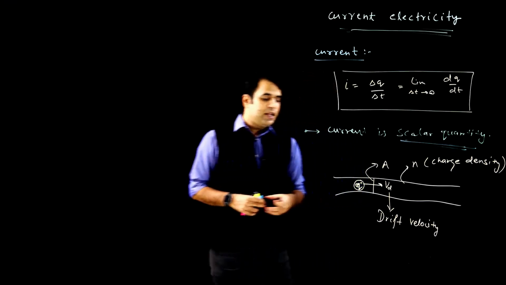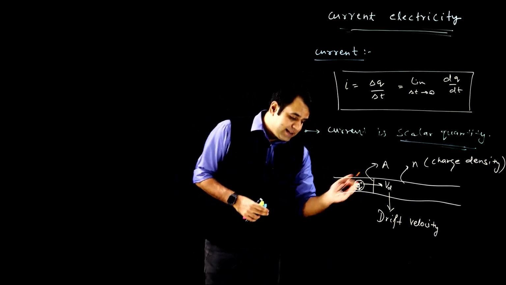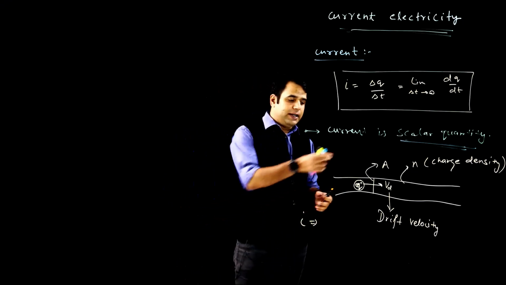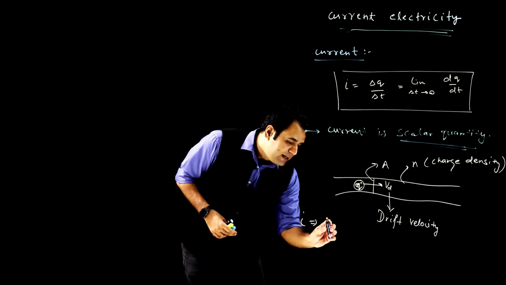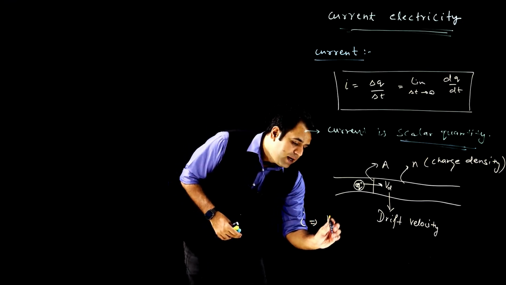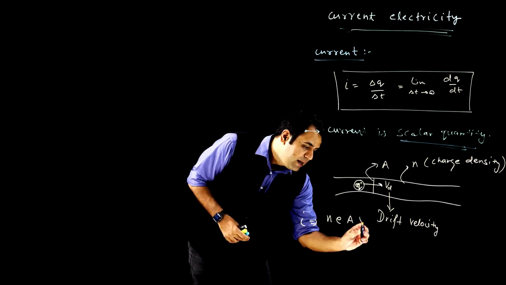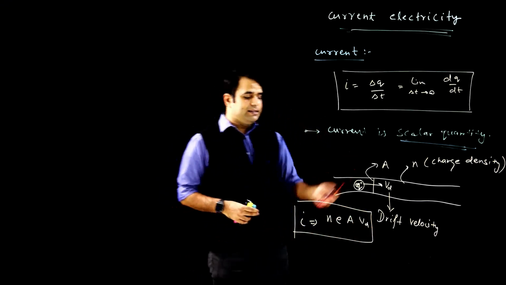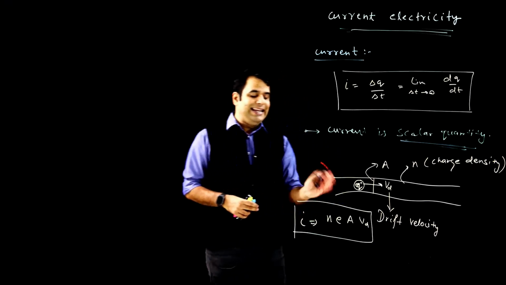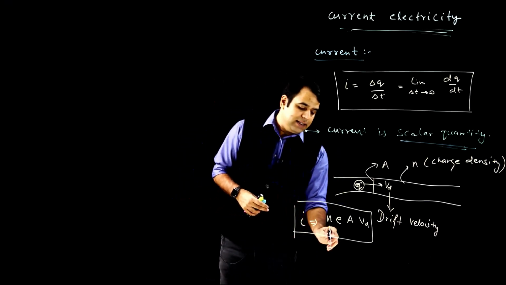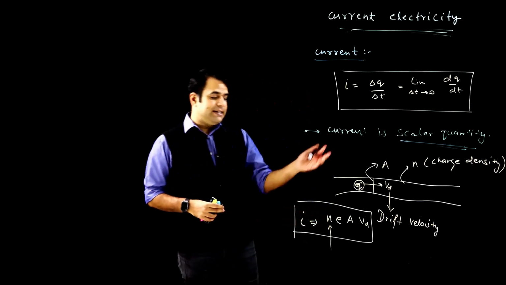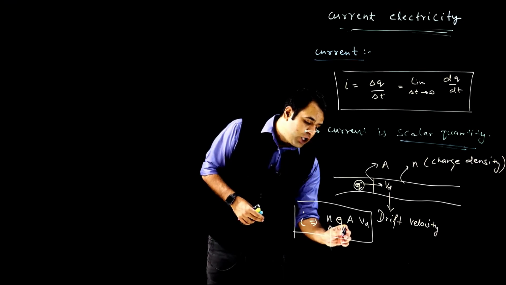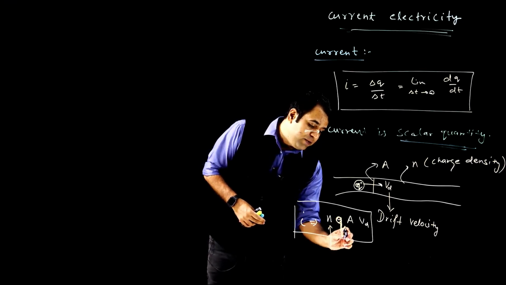Okay. If we want to calculate the value of current in this case, it will be nQAVd. The value of current flowing in this conductor will be equal to nQAVd, where n is the charge density inside this conductor. I'm taking the electron charge e, and it can be Q as well. It is the value of the individual charge particle.